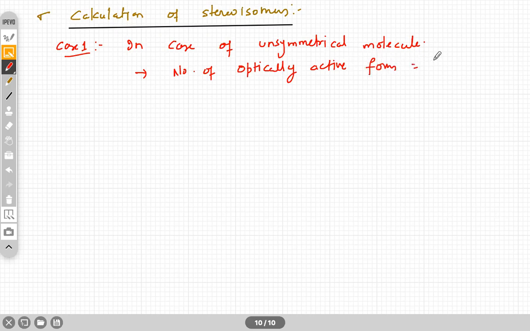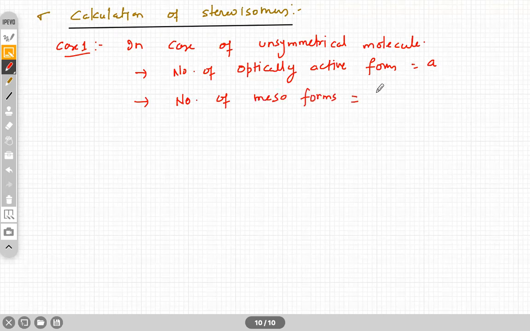This I am assuming as A. And the second one is the number of meso compounds, number of mesoforms, M we consider. So we have two components here, optically active forms and the number of mesoforms, which are optically inactive.